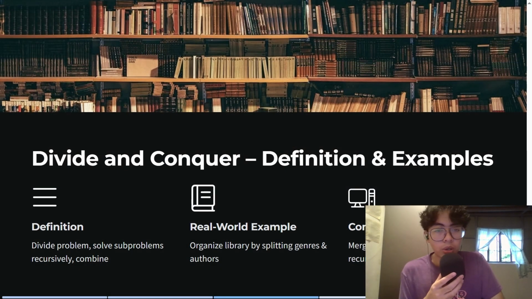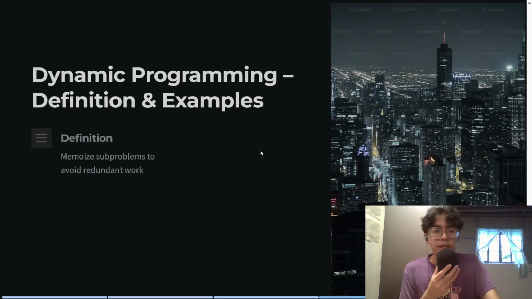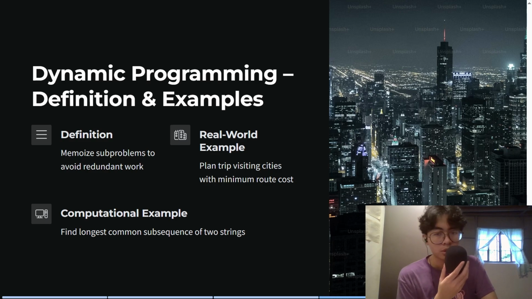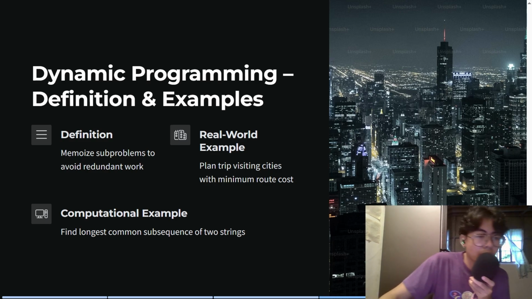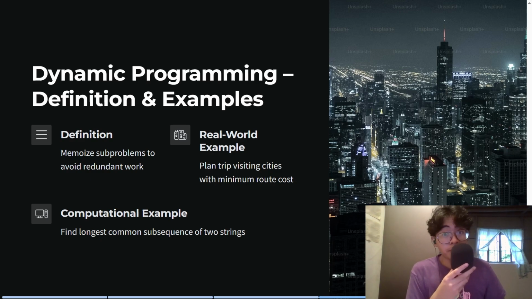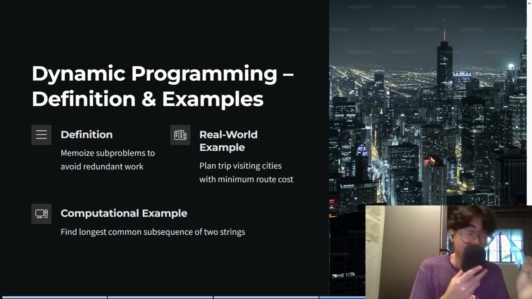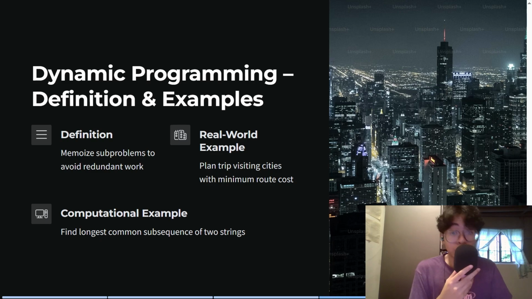So next we go to the next algorithm, which is dynamic programming. What does dynamic programming even mean? Dynamic programming solves problems the same as the divide and conquer algorithm, by breaking them into subproblems.